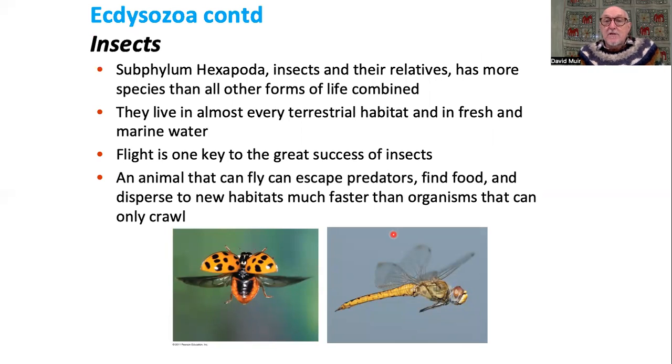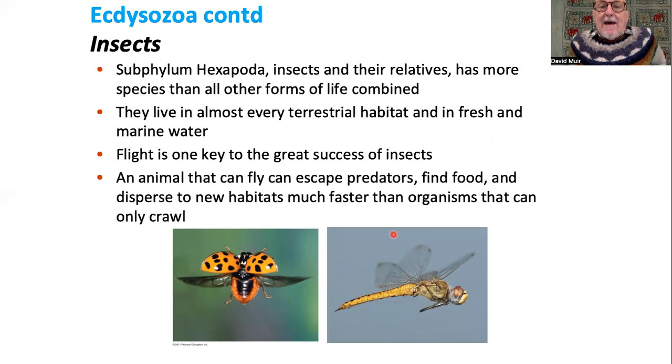So the most advanced of the arthropod groups, and also one of the most successful in terrestrial systems, is the subphylum called the Hexapoda. Hexapoda simply means 6 legs. And these are the insects and all of their relatives.